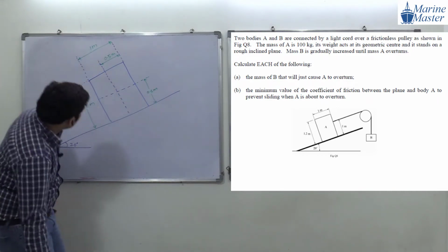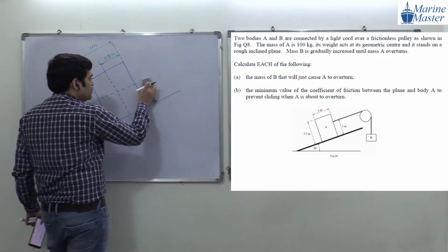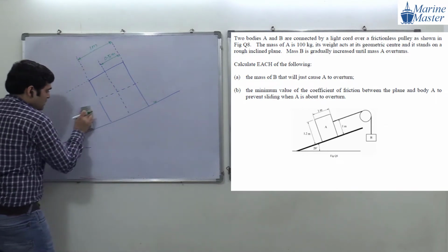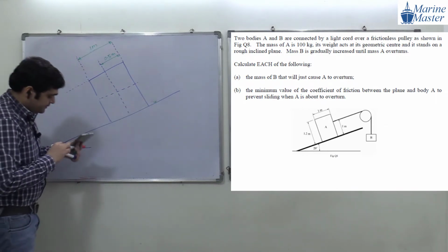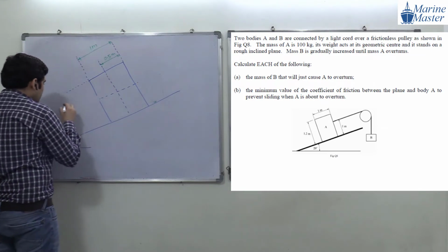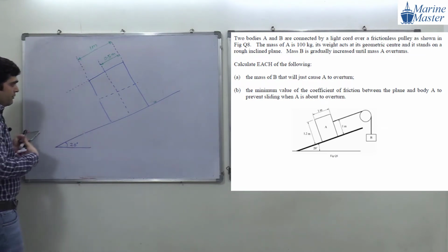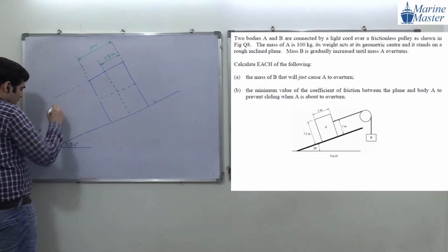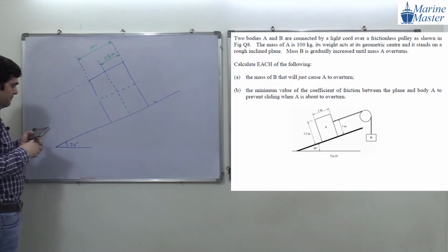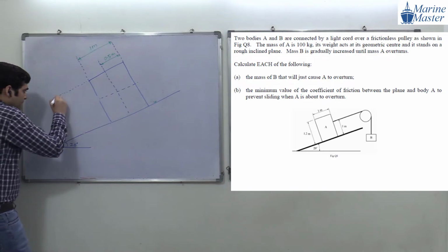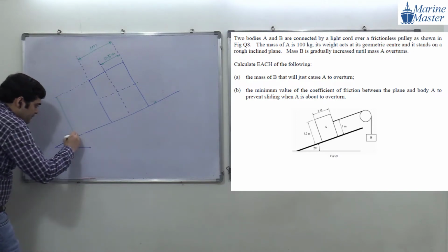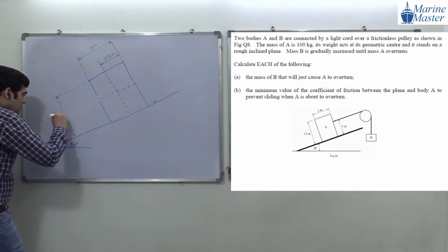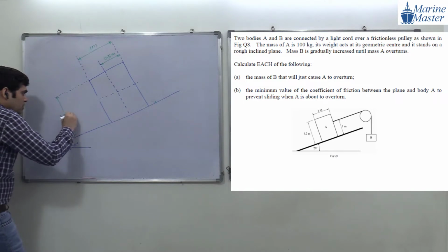Try to see the scenario. Instead of on this side, I am going to show it on this side, so things will become a little bit simpler. Very important discussion. In mechanics, we take maximum time for drawing the drawings. So this is what they have given, 1.2 meter.